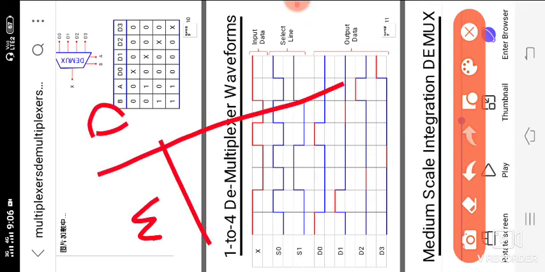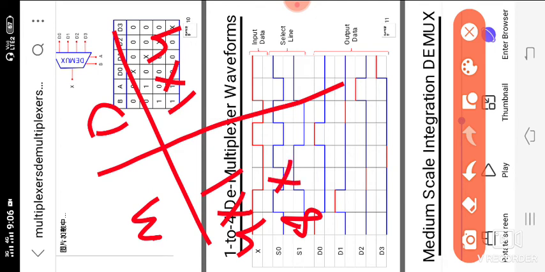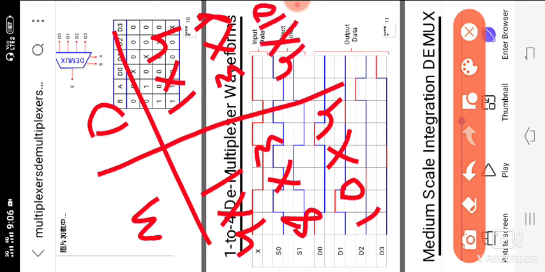In demux we have 1 into 4, 3 into 8, and 4 into 10. This is the mux diagram and those are the demux diagrams. Here 2 selection lines, 3 selection lines, and 4 selection lines. So demux is the reverse operation of mux.